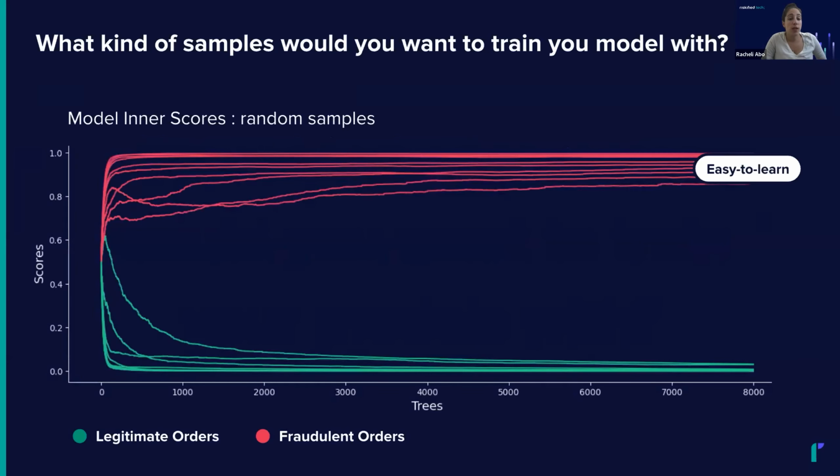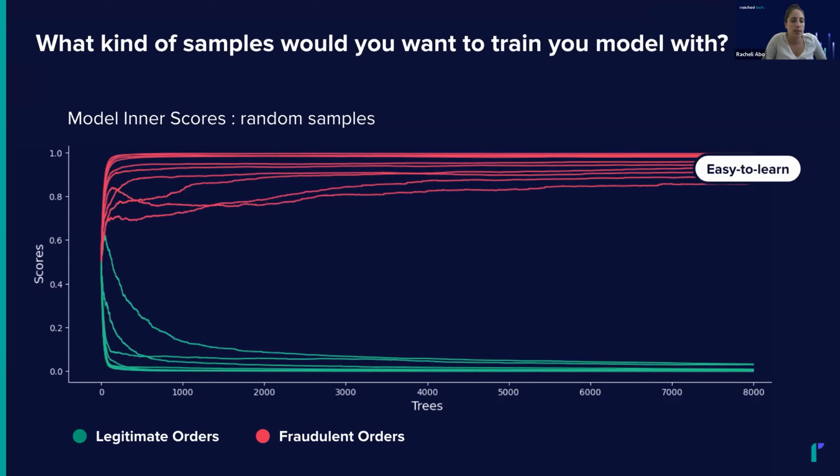Okay, so classification model results, in our case, a boosting tree classification model. Each line here represents a single sample from our training set. Green lines refer to class equals 0 or legitimate orders, and red lines refer to class equals 1 or fraudulent orders.